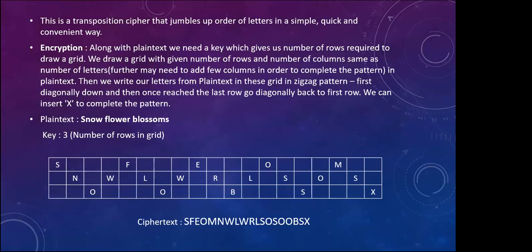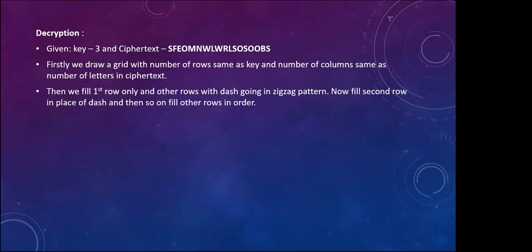Now for decryption, what is important is the key. If we know the key and the ciphertext, then we start constructing a grid with the rows as the key and the columns as the length of the ciphertext.